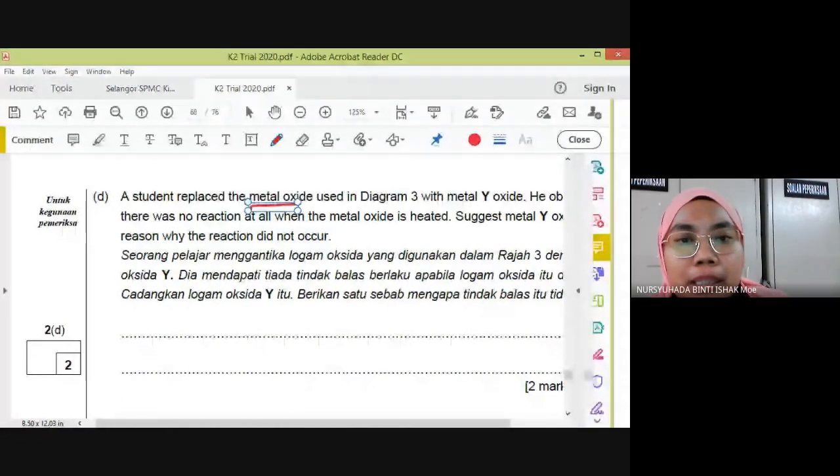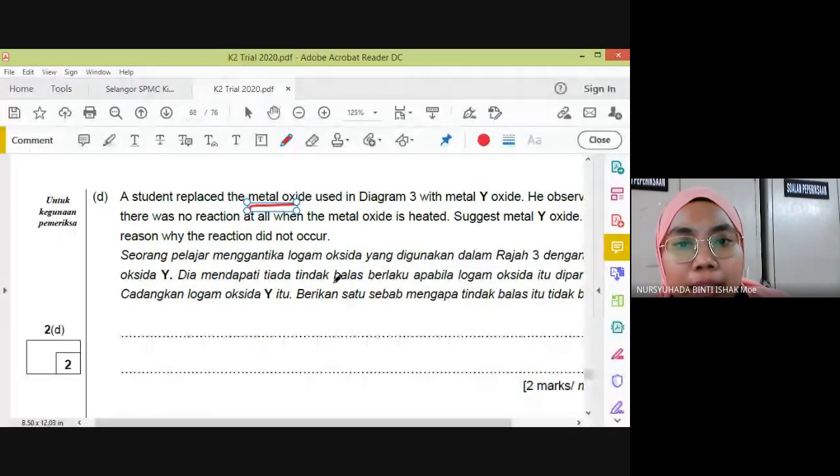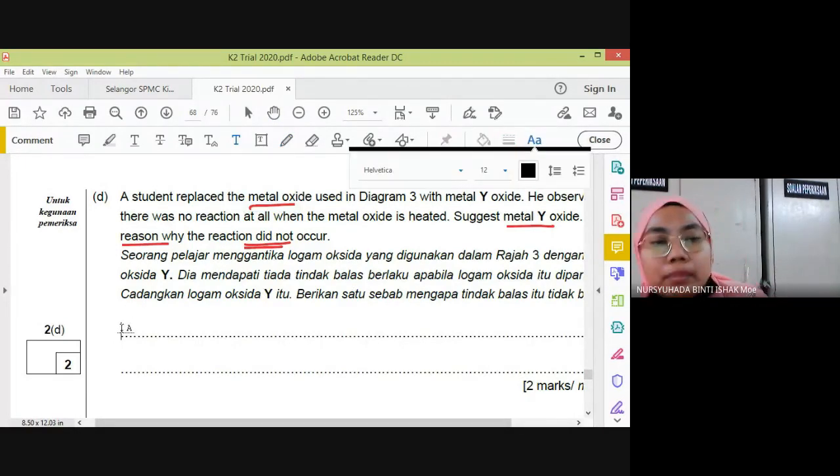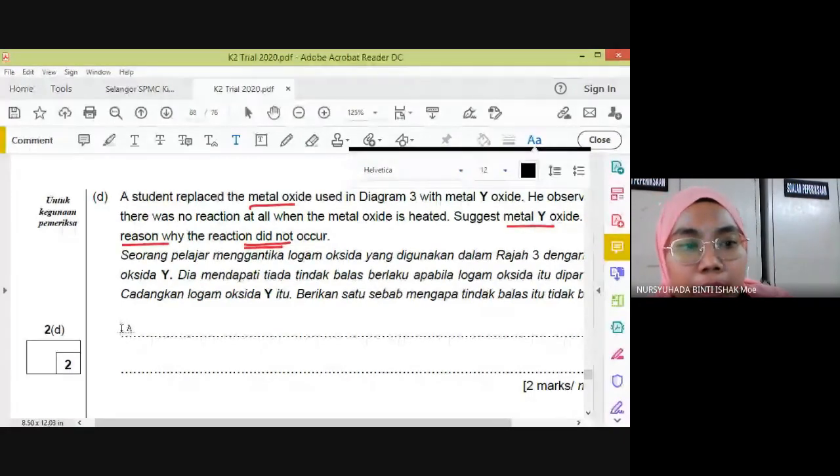Suggest metal X, metal white oxide, and then the reason why the reaction did not occur. The first mark is to suggest which metal cannot react like the method in Diagram 3. Magnesium, very good. Since it says metal white oxide, you must write the name of the oxide, so magnesium oxide, 1 mark.